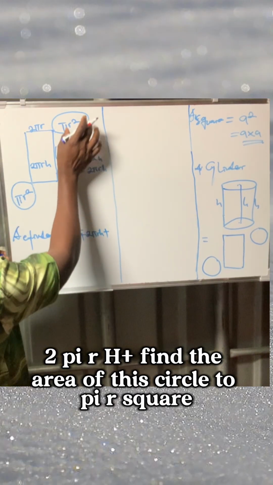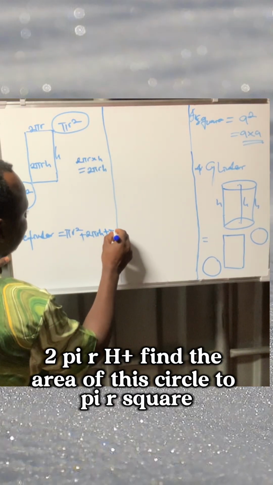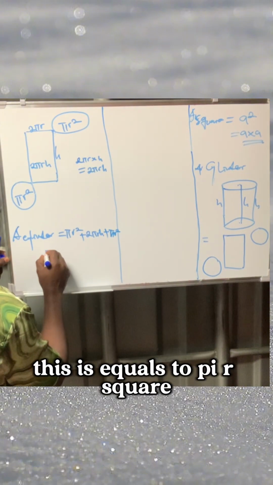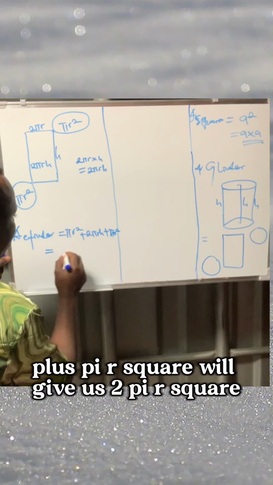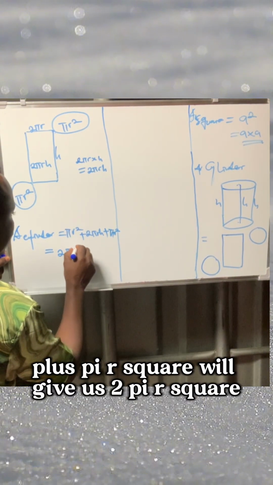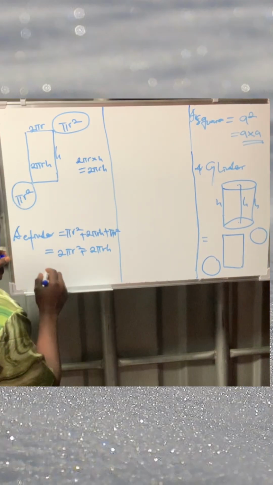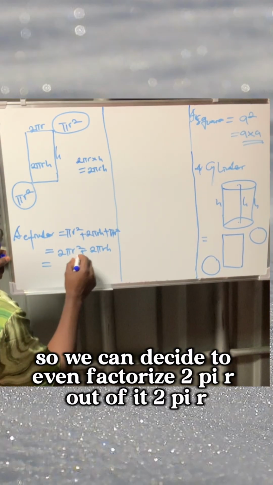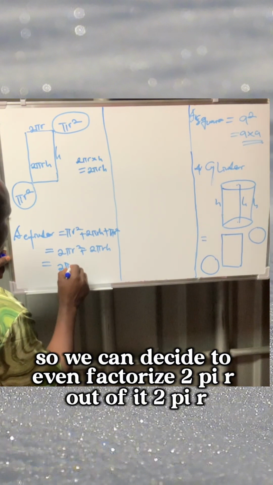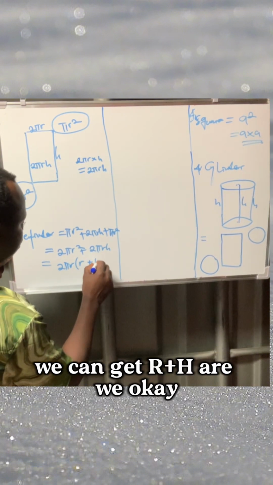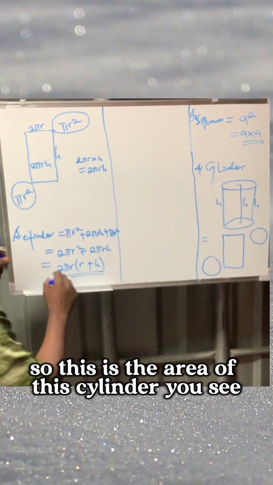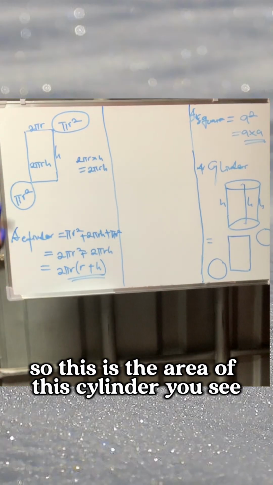Plus the area of this circle too, pi r squared. This is equal to pi r squared plus pi r squared, which gives us 2 pi r squared, plus 2 pi r h. This is basic mathematics. So we can decide to even factorize 2 pi r out of it. 2 pi r, we can get r plus h. Are we okay? So this is the area of this cylinder.